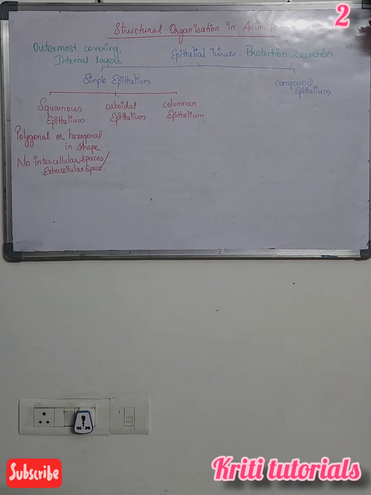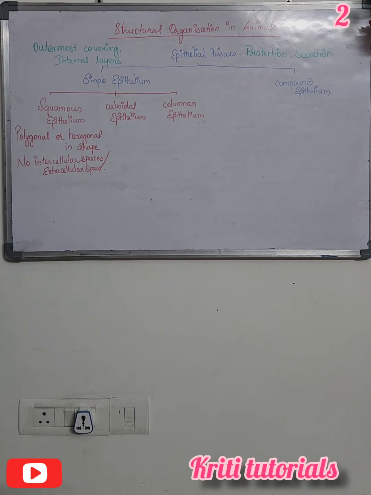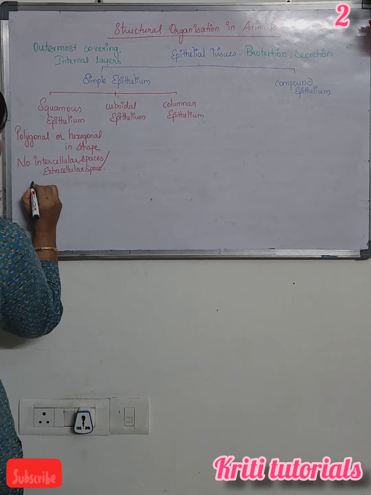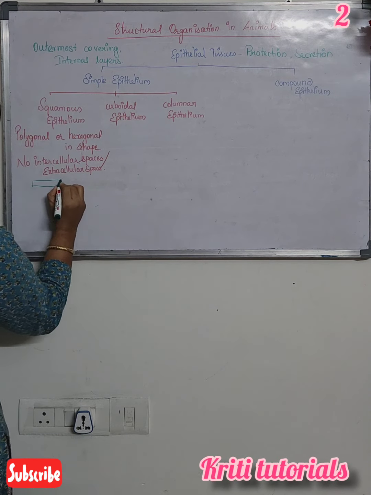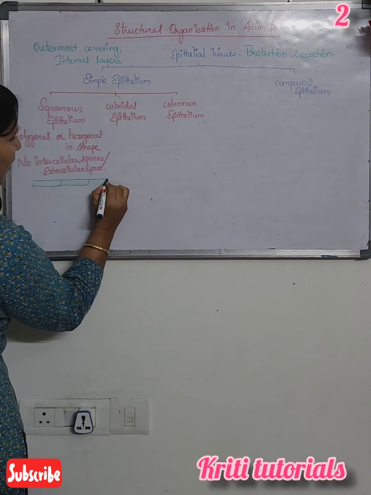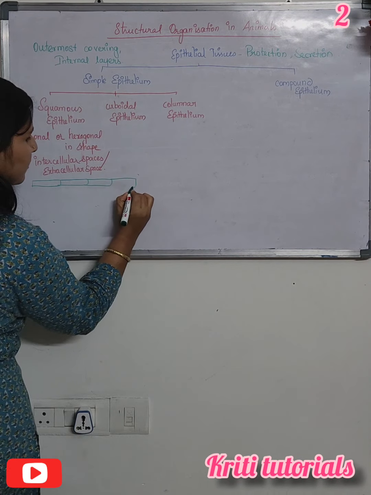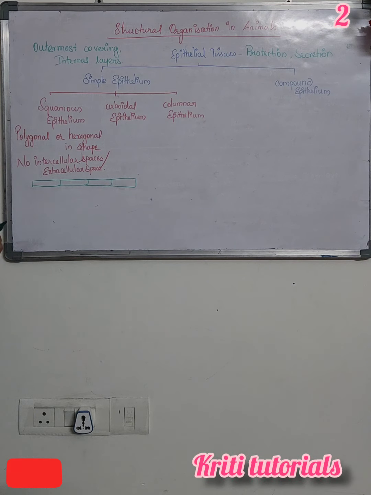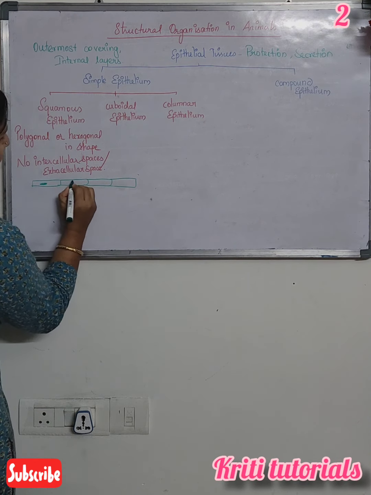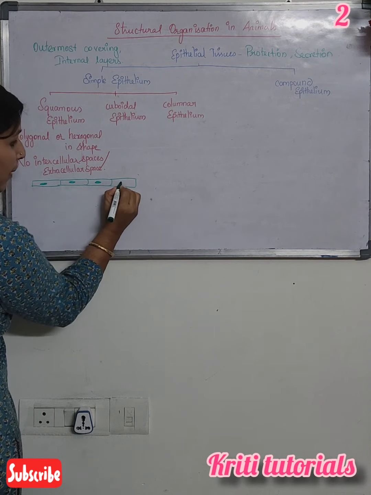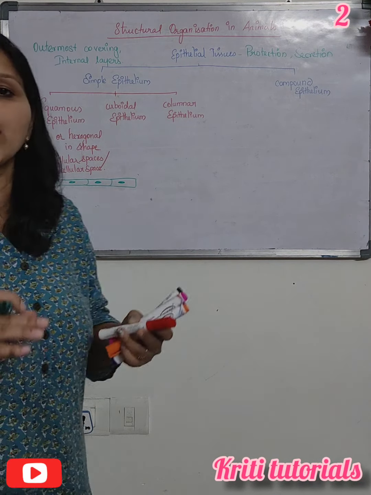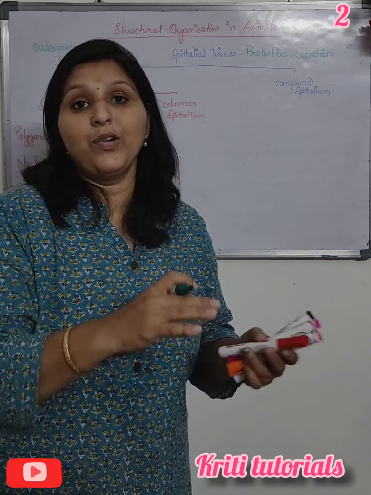If we draw the diagram of squamous epithelial tissues, these are the squamous epithelial tissues. Epithelial tissues do not have any association with blood vessels.